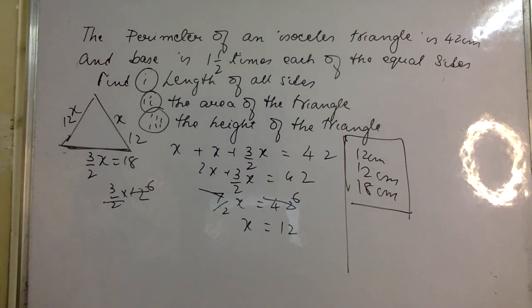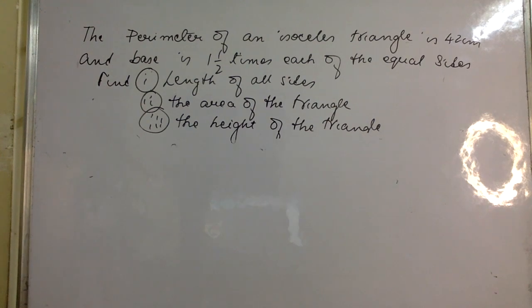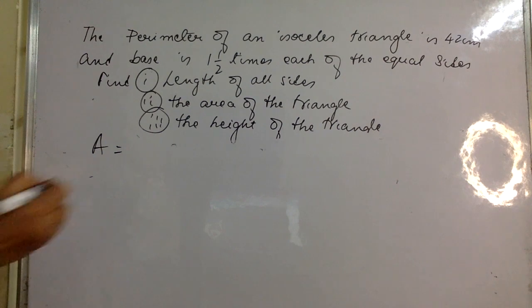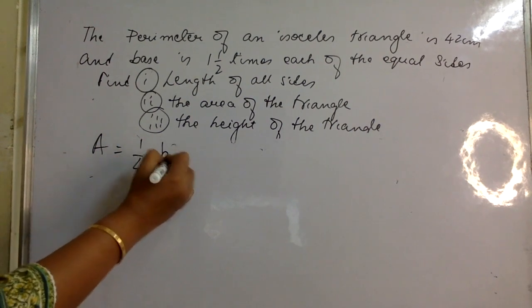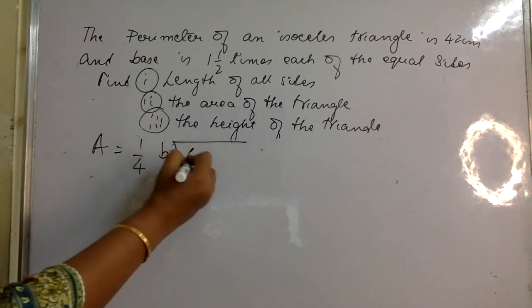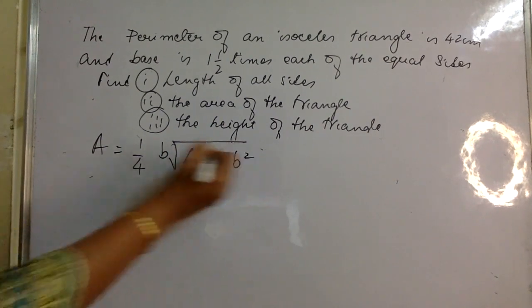Okay, so for the area of an isosceles triangle, there is a formula for it. The area of an isosceles triangle is equal to, this is the formula, 1/4 b root over 4a square minus b square.